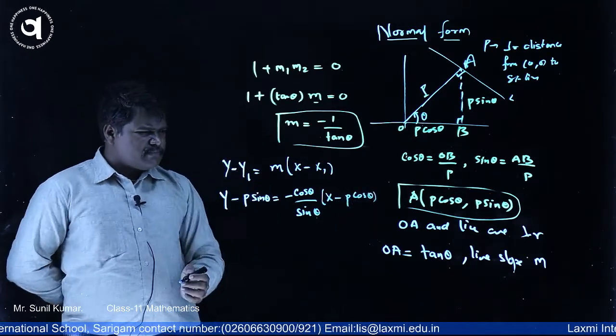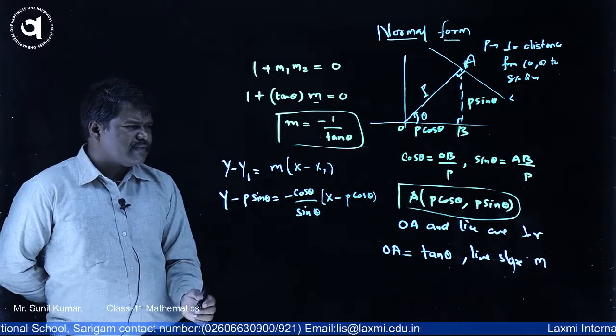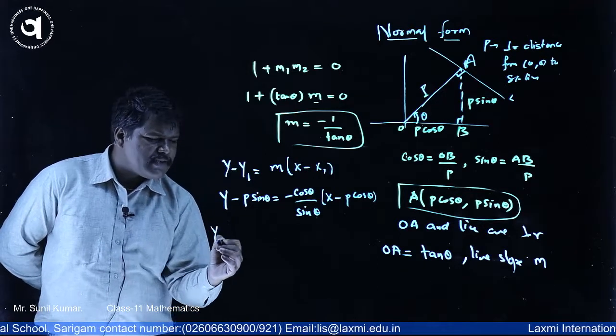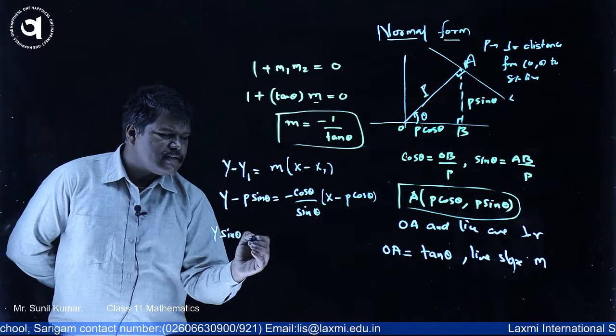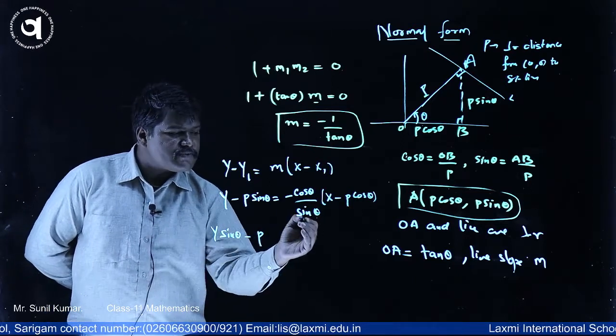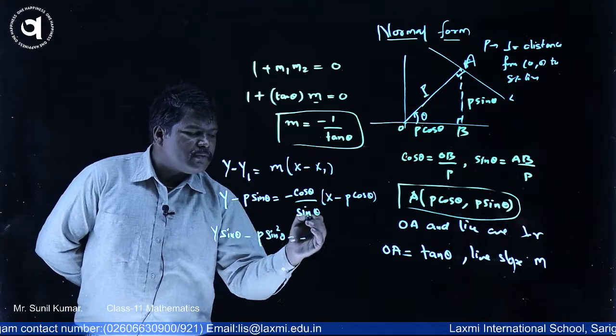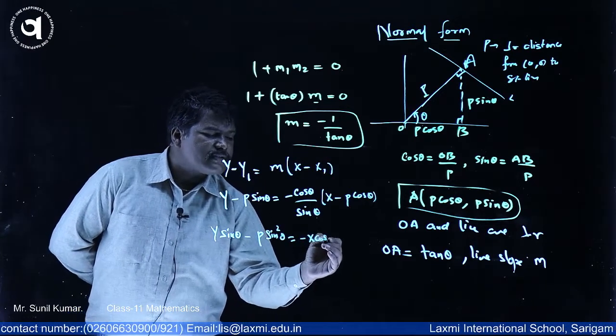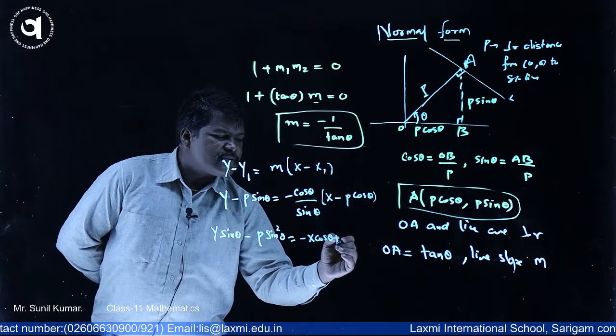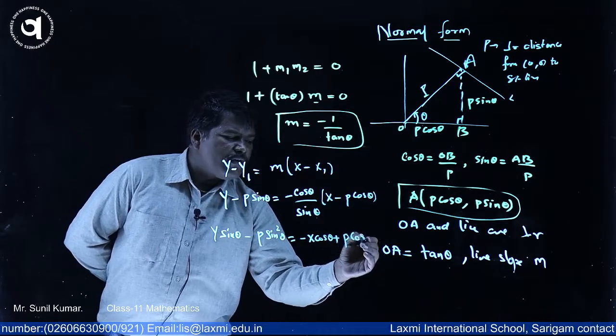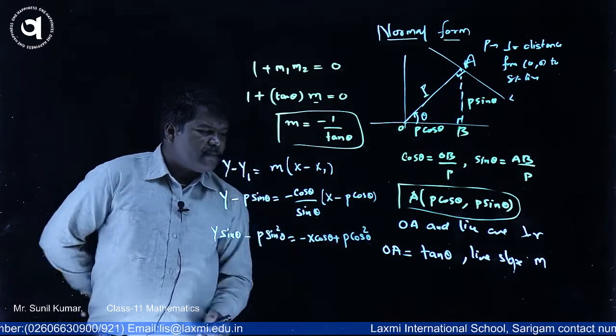Now, let us take a small cross multiplication thing. So, we have y sin theta is minus p times sin into sin, which is sin square theta, is equal to minus x cos theta minus of minus plus p times cos square theta.